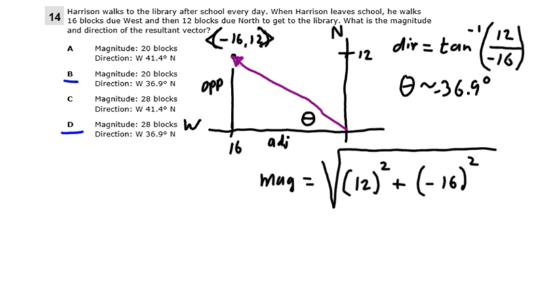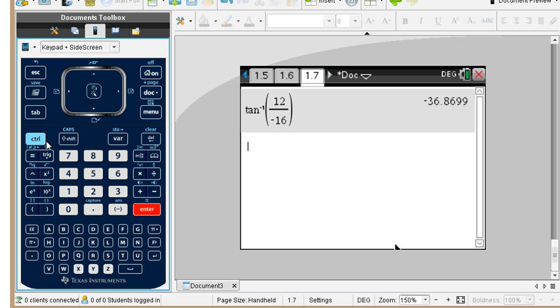So we go to our calculator, and we're going to put in 12 squared plus negative 16 squared. And we should understand that negative 16 squared and 16 squared are the same thing.